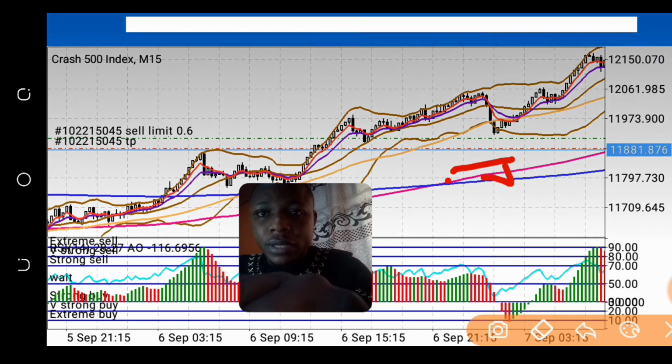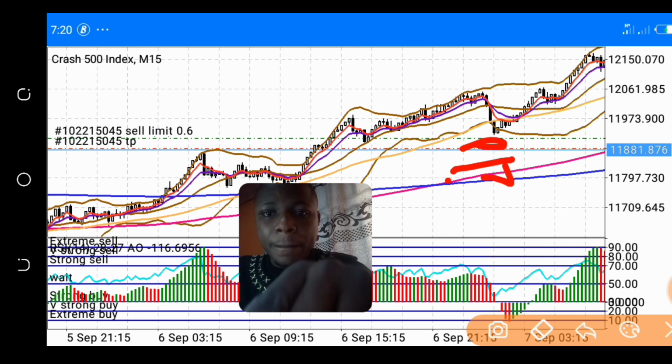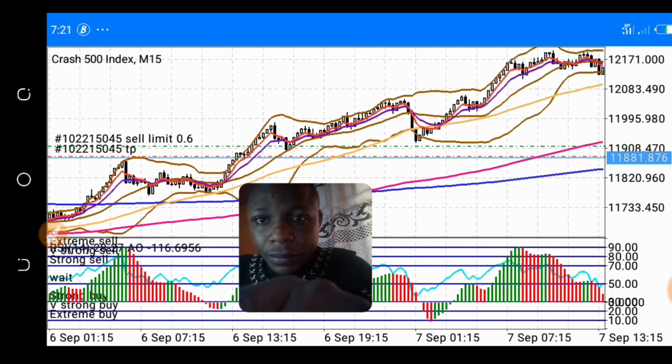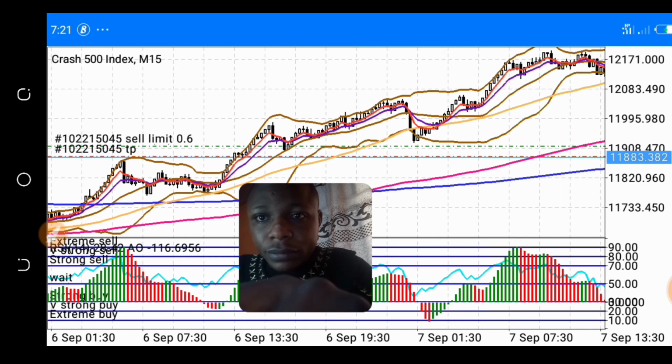If you have bought it over here, just wait and see your profits, just because of only one indicator, this EMA 200 crossing EMA 500 above. Can you see?